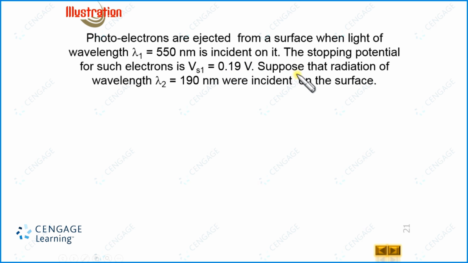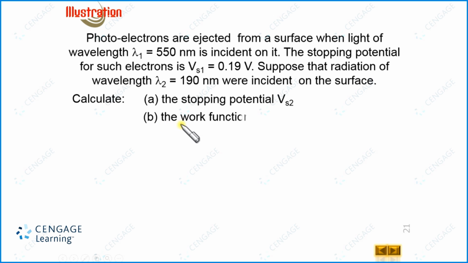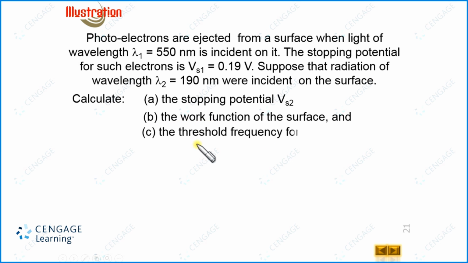Suppose the radiation of wavelength lambda 2 equal to 190 nanometer were incident on the surface. We need to calculate, first, the stopping potential Vs2, that is the stopping potential corresponding to the wavelength lambda 2. In the second part we need to calculate the work function of the surface, and in the third part the threshold frequency for the surface.